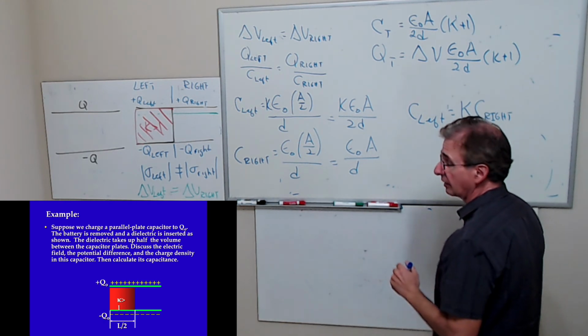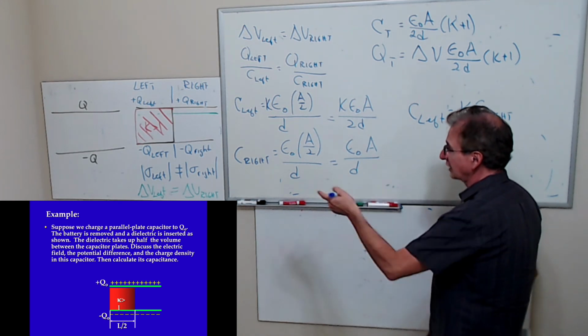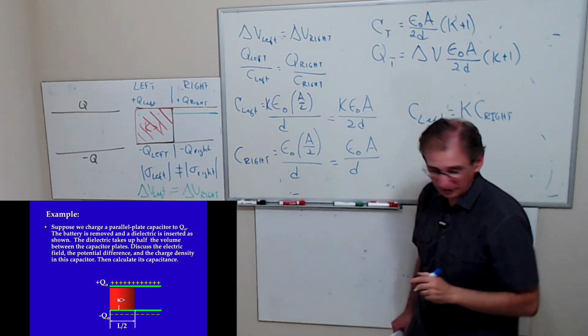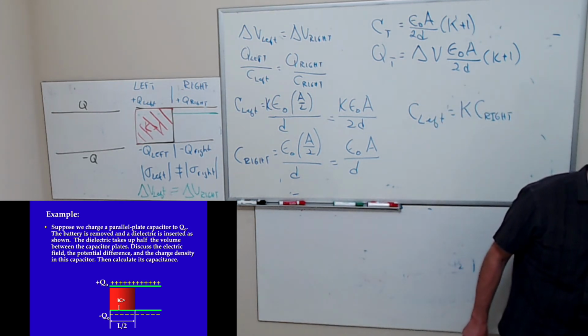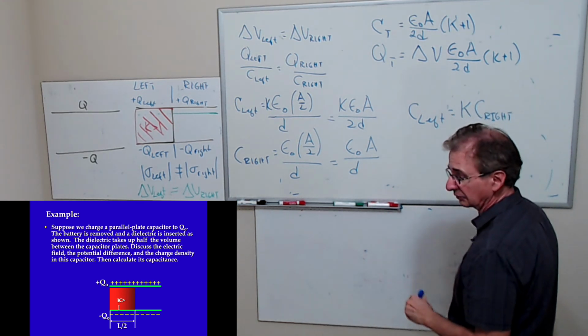You can solve for sigma left, and you can solve for sigma right. And you can show that the electric field on the left is equal to the electric field on the right.